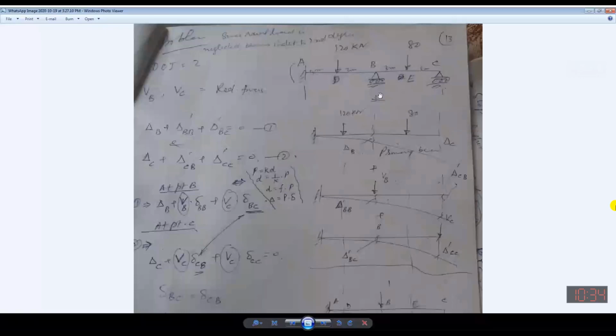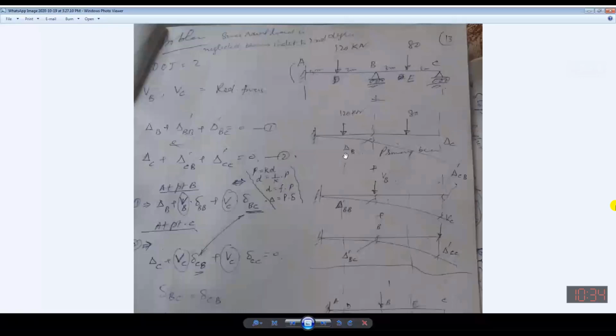Now if I break this structure into different parts, then just by removing these supports, the reactions acting from the underside of the beam, I will be rendering this beam into a primary beam. This is the primary structure.